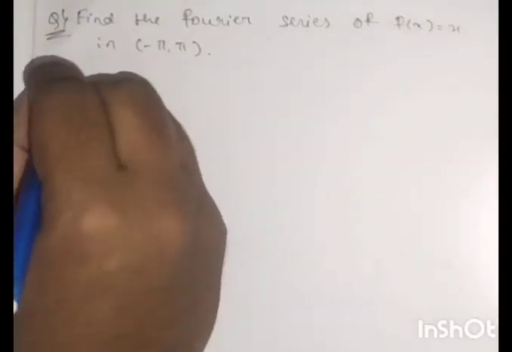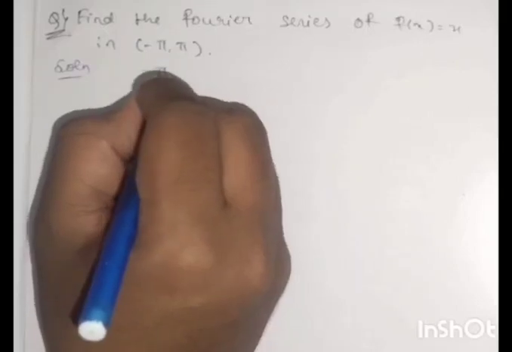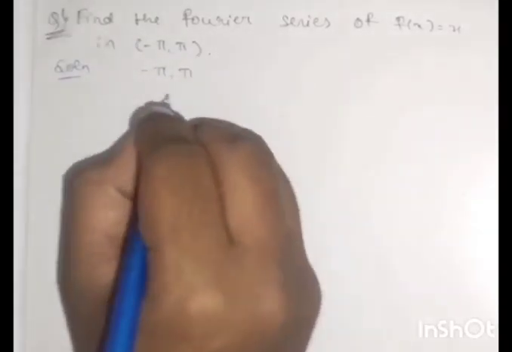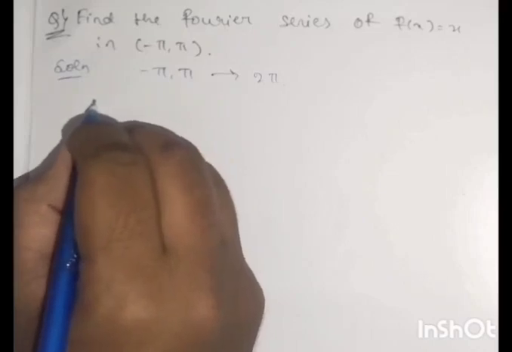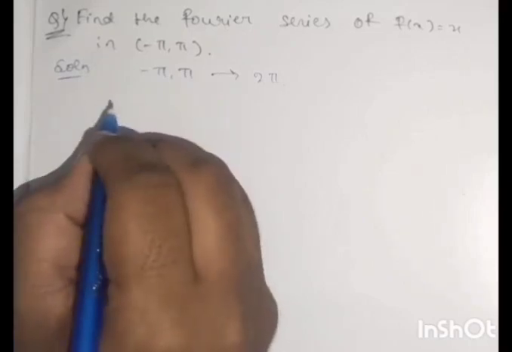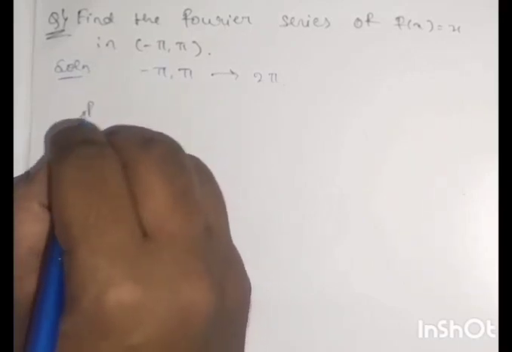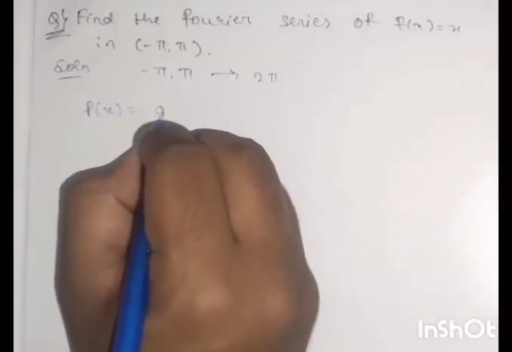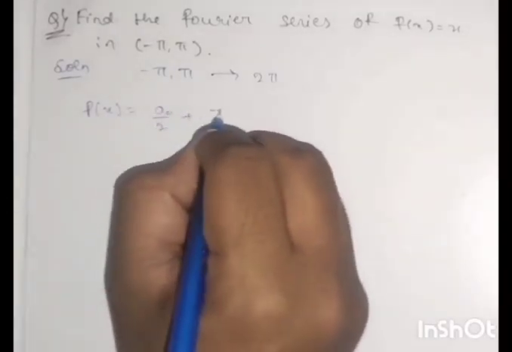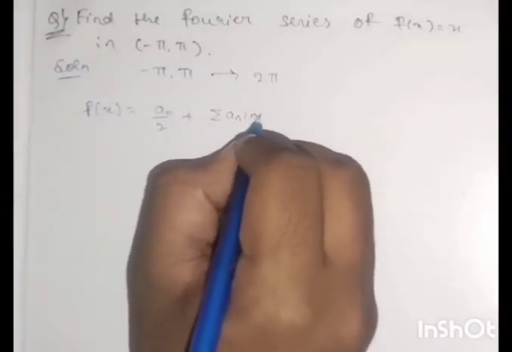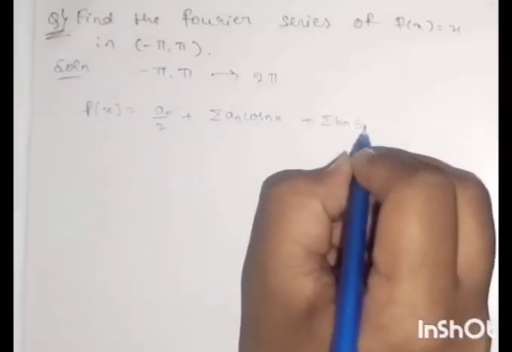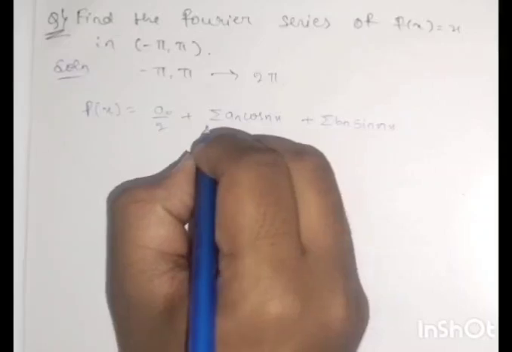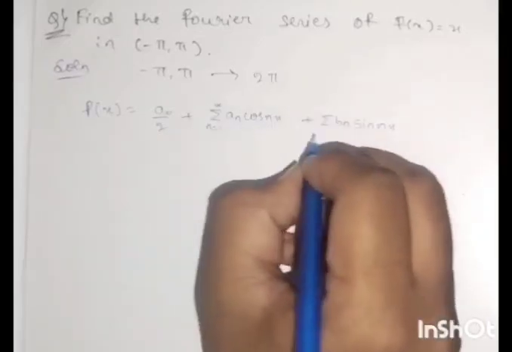Here the interval is minus pi to pi, which means the period is 2 pi. We already know how to express a function whose period is 2 pi, that is f of x equals a0 by 2 plus summation of an cos nx plus summation of bn sin nx, n equal to 1 to infinity.